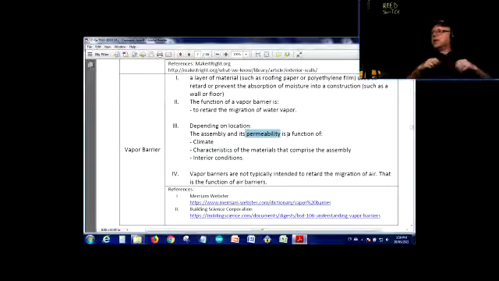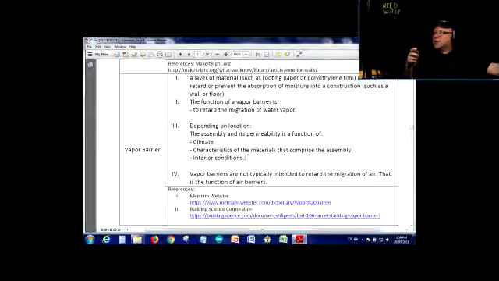Now, permeability of a vapor barrier is a measure of how penetrable it is for water vapors or other gases such as air. So the assembly and its permeability, which is the penetrability of the vapor barrier, is a function of climate, the characteristics of the materials that comprise the assembly, and the interior conditions.